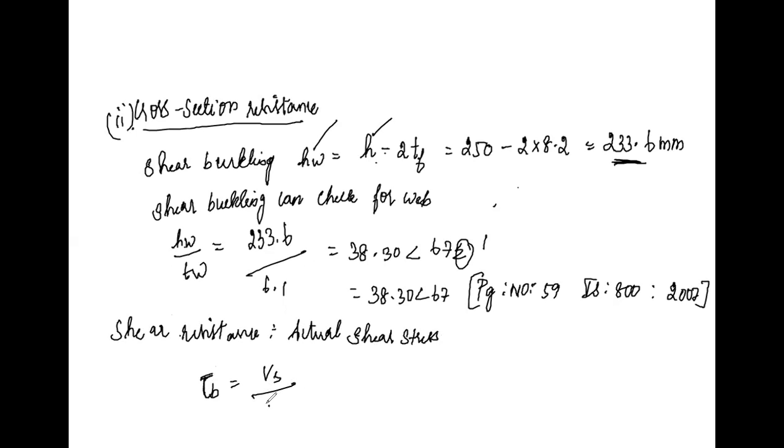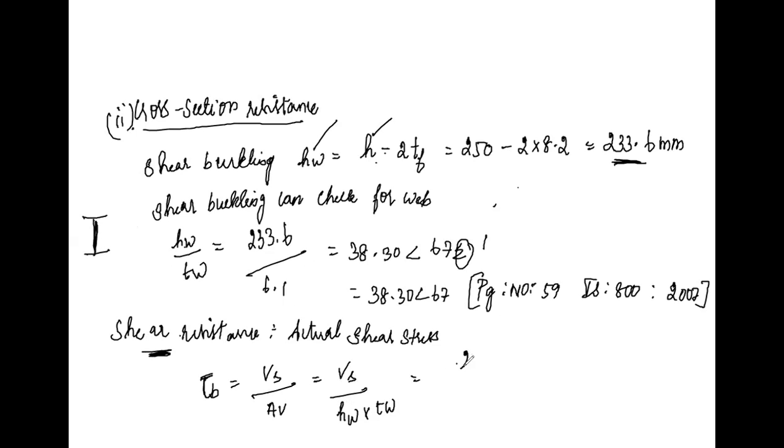Where Vs divided by AV represents the shear. Already I told you shear occurs only in the web. So the area is the area of the web in the I section, which is height of the web into thickness of the web.